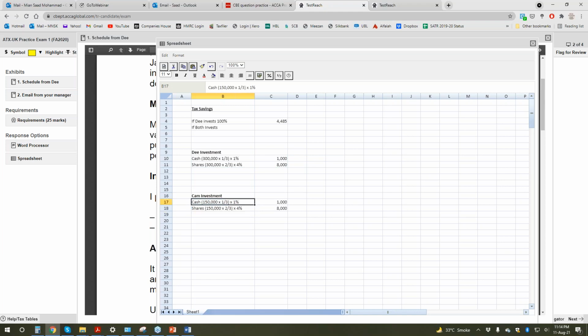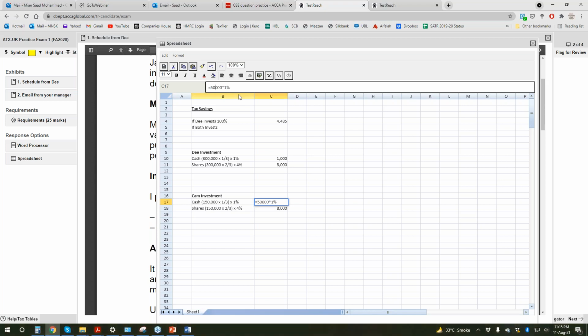You have seen how I save my time by copying the text, because it is not possible in the exam to write the complete thing. So one third of 150 will obviously be 50,000, so it will be 500, and then the remaining two-thirds will be 100,000. Now these are their total incomes.